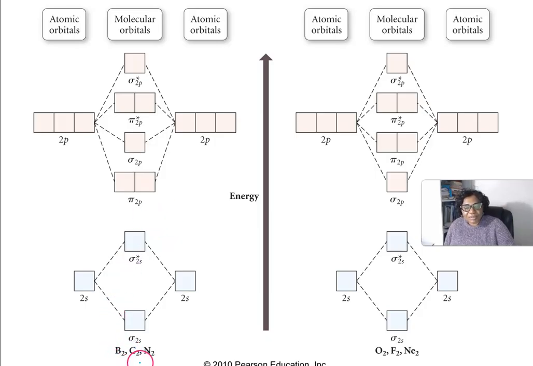For boron, carbon, and nitrogen, when calculations were done, it was shown that the electrons fill the sigma 2s molecular orbital, then the anti-bonding sigma 2s molecular orbital, then the pi 2p bonding molecular orbitals, then the sigma 2p bonding molecular orbital, before they go to the pi anti-bonding molecular orbitals, then the sigma anti-bonding molecular orbital.